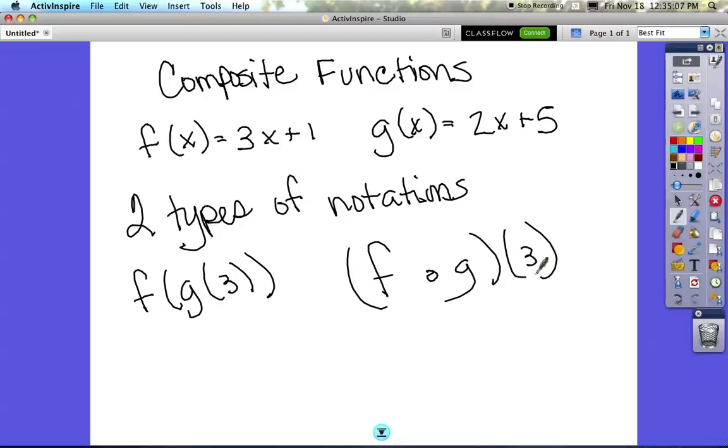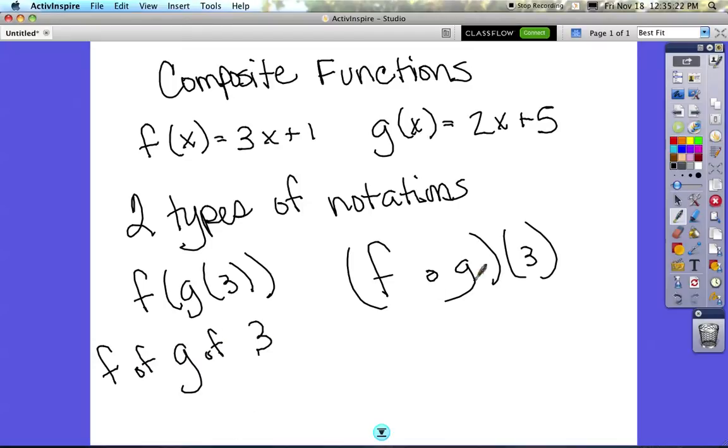Now, how this is read is f of g of 3. That's how you read it. F of g of 3.